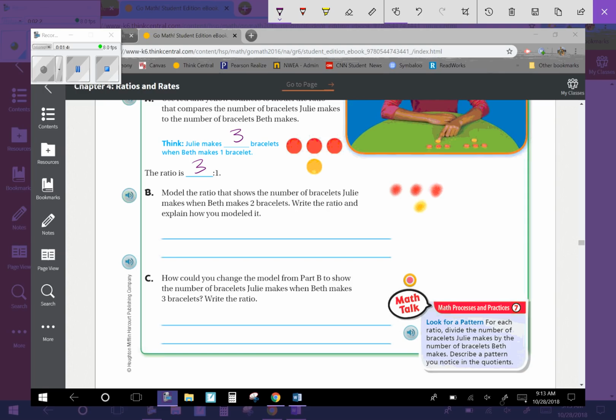So knowing that, it says write the ratio and explain how you modeled it. So my ratio is now 6 red and 2 yellow. So 6 to 2 is my new ratio. And I know that because I added another group.